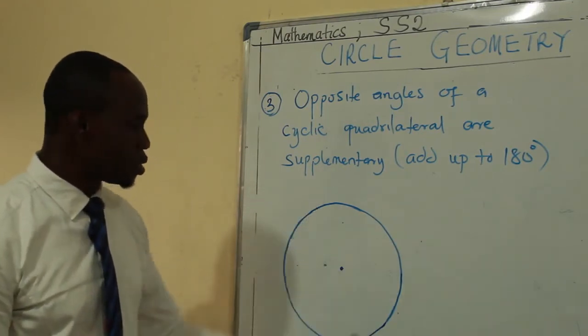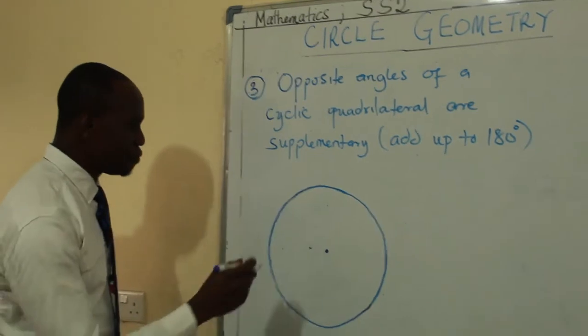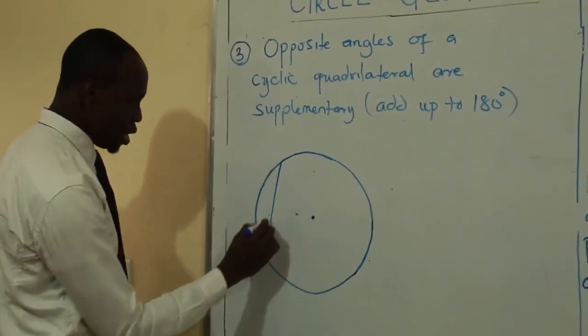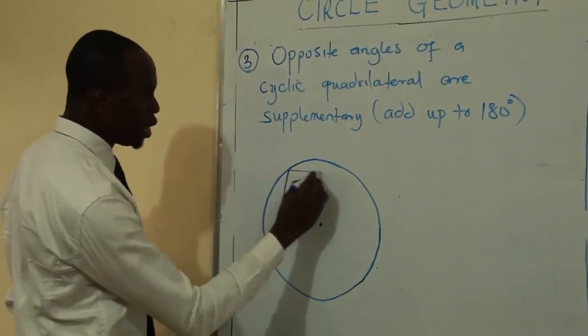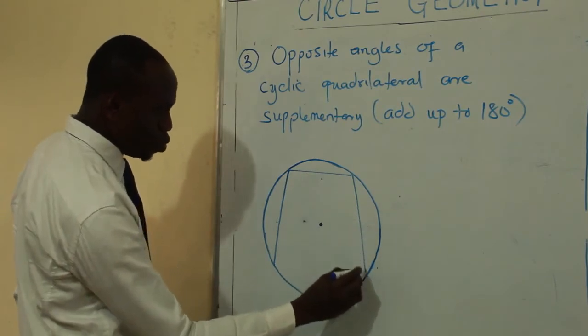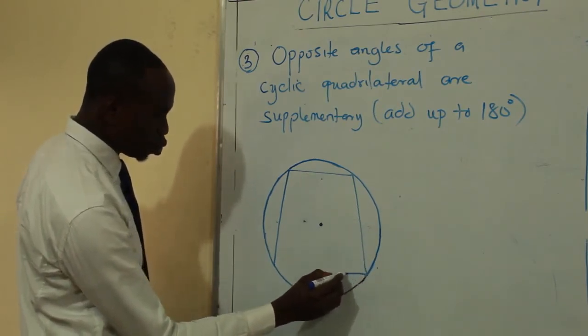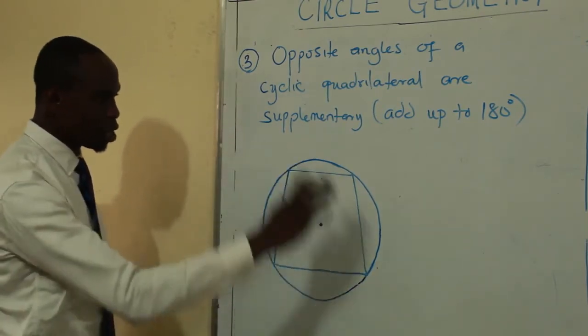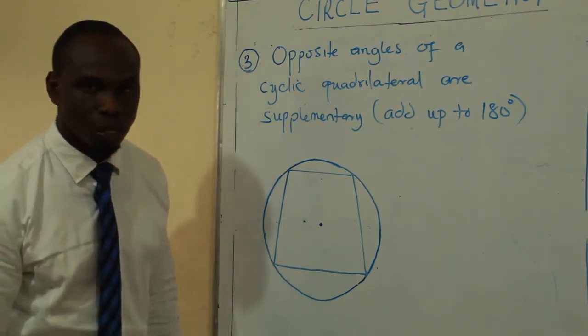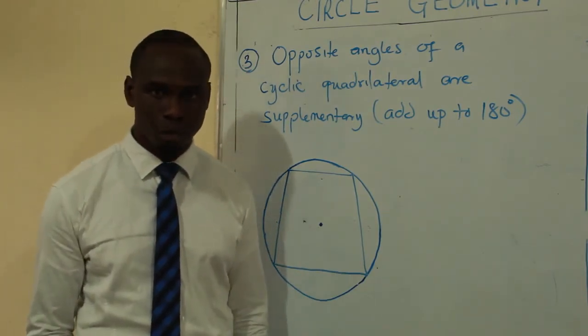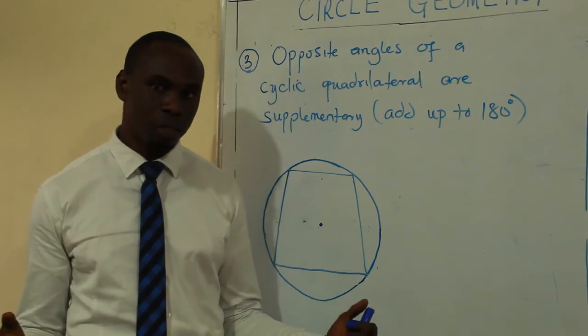Now, if you draw a circle and you have a quadrilateral whose vertices touch the circumference of the circle, such a quadrilateral is said to be a cyclic quadrilateral.